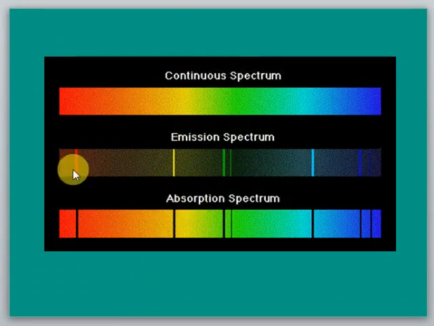You can see here colored lines are present with a dark background, or dark lines with a colorful background, but both are showing a line spectrum. This is a continuous spectrum in which the colors are present with no gaps or no visible boundary, and here you can see the visible lines are present with a dark background.